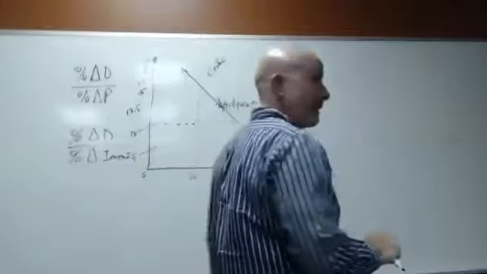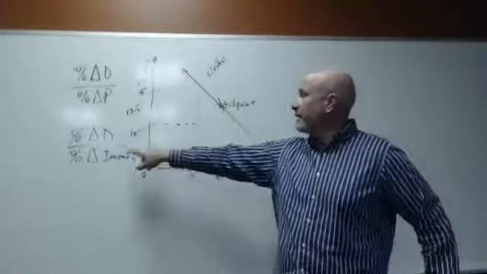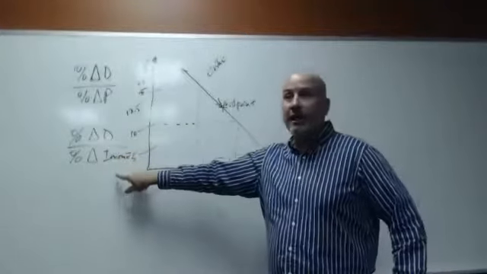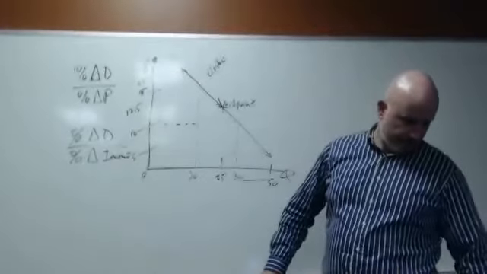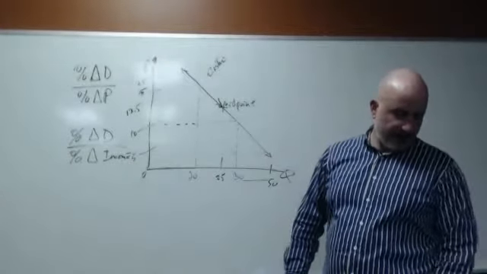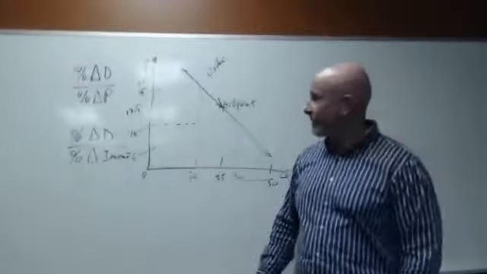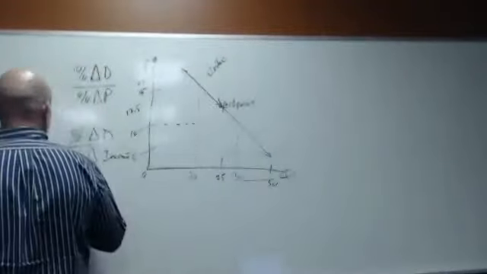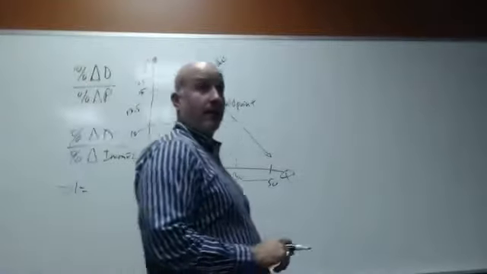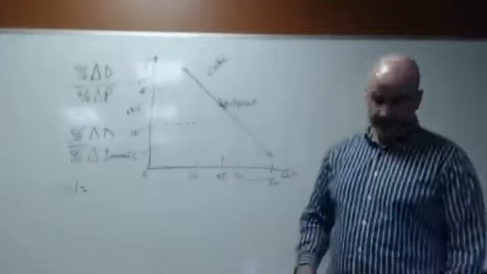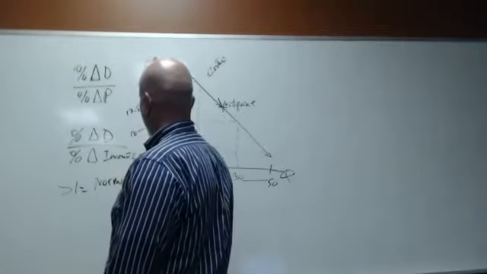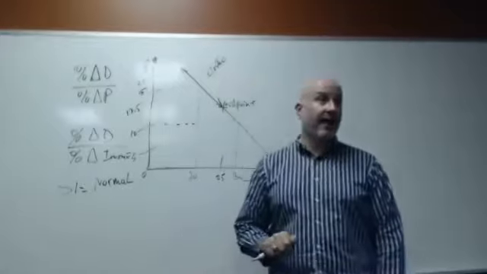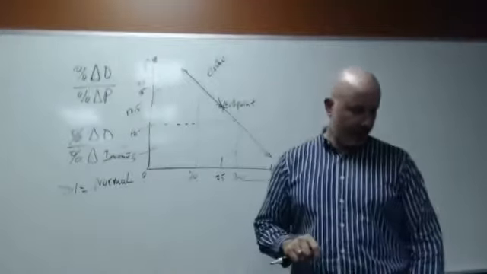We're going to apply the formula, the change in quantity demanded divided by the percent change in income. And if income elasticity of demand is greater than 1, how do we interpret that? We say that it is income elastic and it is a normal good.